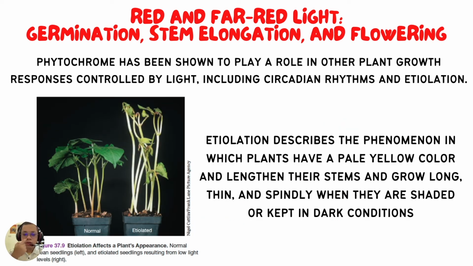Now, the phytochrome has been shown to play a role in other plant growth responses controlled by light, including circadian rhythm and etiolation. Etiolation describes the phenomenon in which plants have a pale yellow color and lengthen their stems, growing long, thin, and spindly when they are shaded or kept in dark conditions.